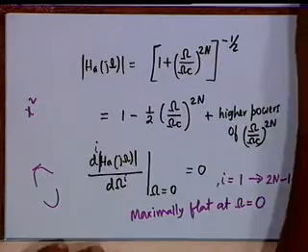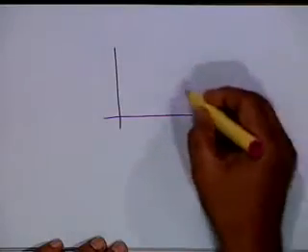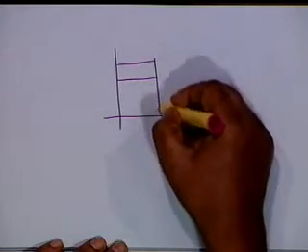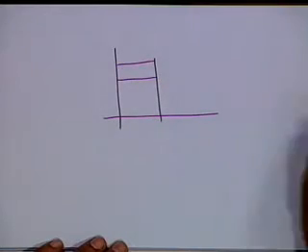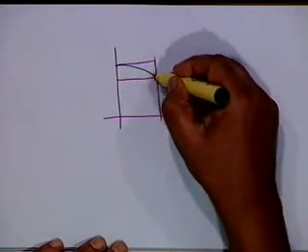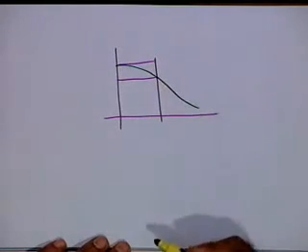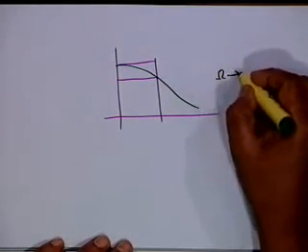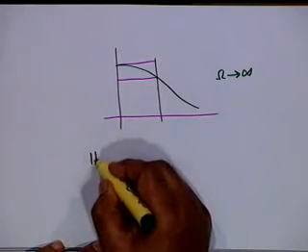The next question is that of the asymptotic behavior of the Butterworth function. Asymptotic behavior, we know it passes through these 2 points, but how does it behave when omega goes to infinity? Let us see.